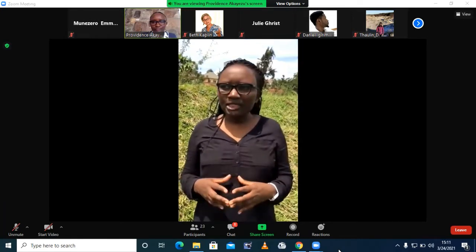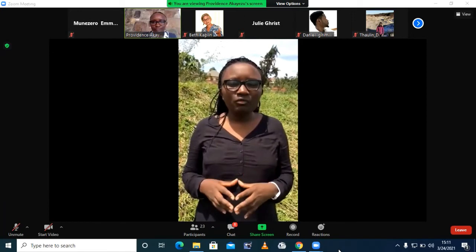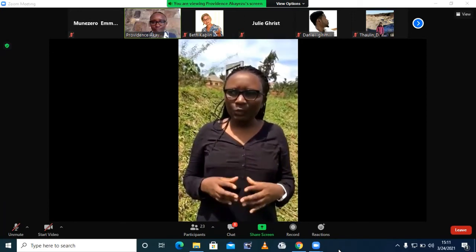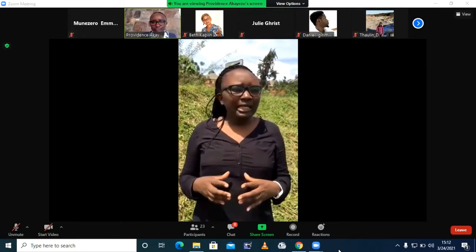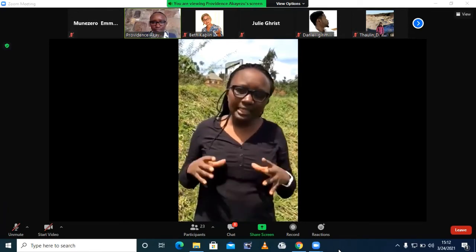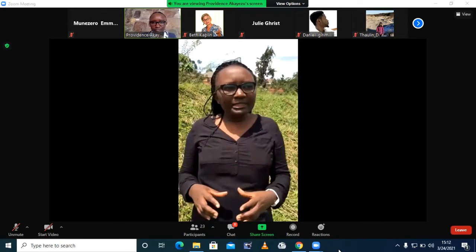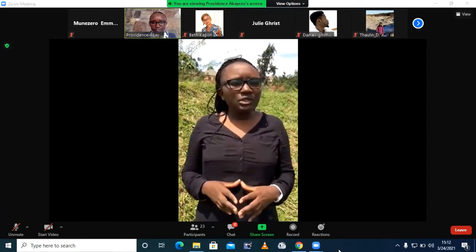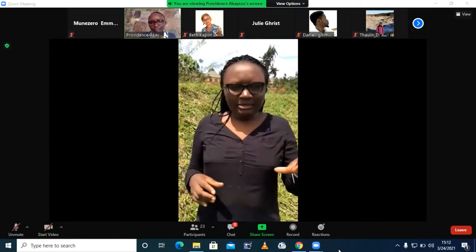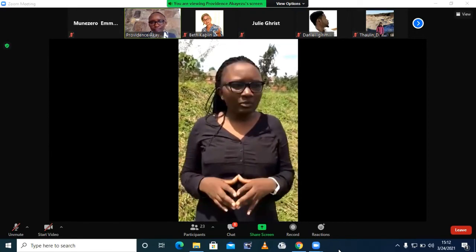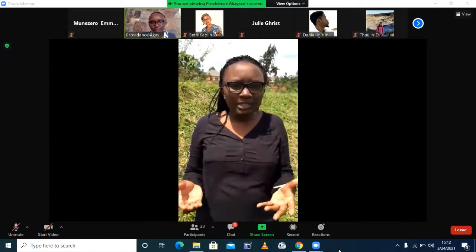Sediment fingerprinting is a very interesting tool because it's a novel technique which involves collection of the soil in the upstream and the collection of sediments in the catchment. And at the end of the day, the tool allows linking the sediments found in the river and where they come from, their origin within a catchment.